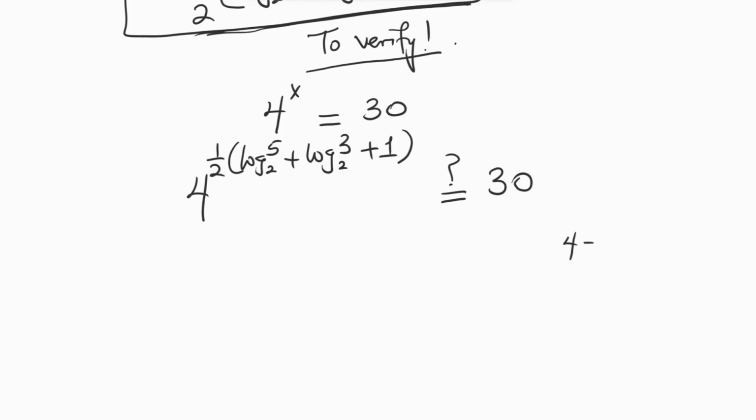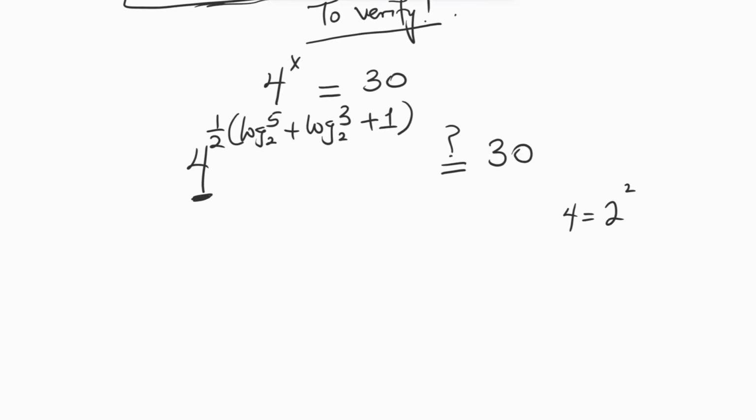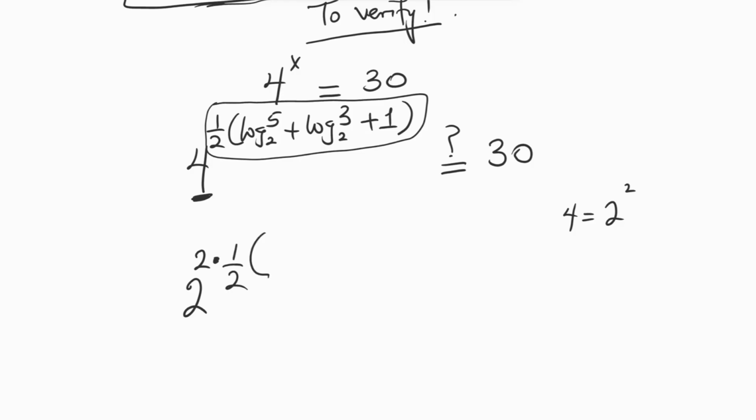Now we know that 4 is the same thing as 2 squared, right? So let's rewrite this 4. And what we have is 2 raised to power 2, times all this, so times half log 5 base 2 plus log 3 base 2 plus 1.